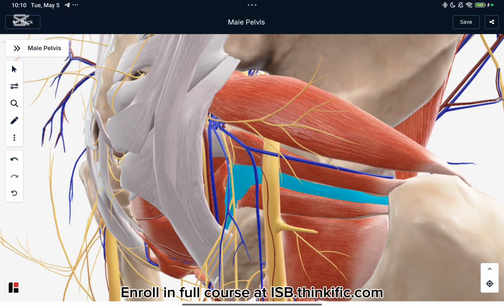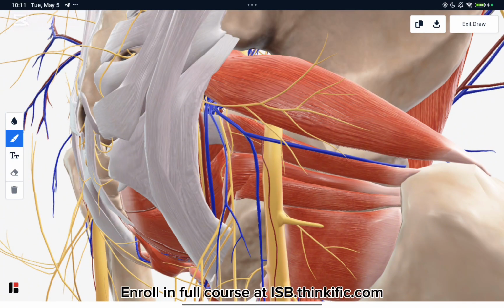Here it is. Tendon of obturator internus muscle passes through the lesser sciatic notch. Passing through the lesser sciatic notch as well are the pudendal nerves and vessels. They emerge from the greater sciatic notch below piriformis, but then loop under the sacrospinous ligament and re-enter the area through the lesser sciatic notch.